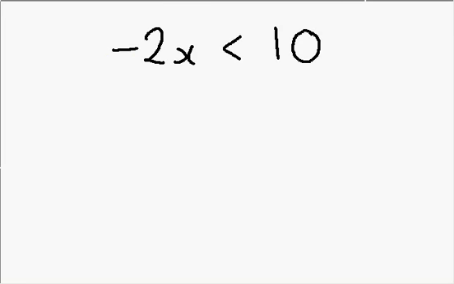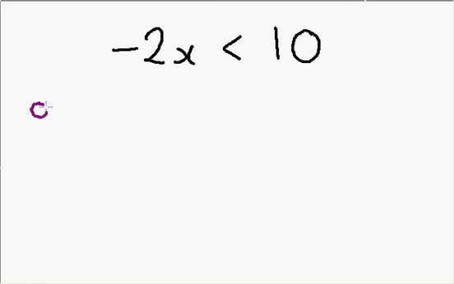Let's look at minus 2x is less than 10. Okay, very simple inequality, this one. Now, I've brought this one as an example in that where things go slightly wrong. So, to get x by itself, I can do two different things. The first way is to rearrange.